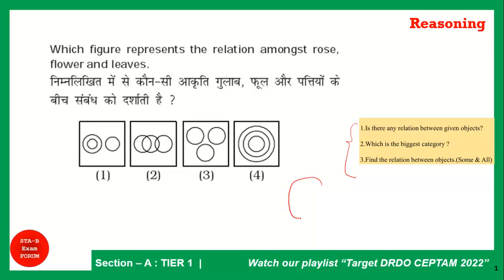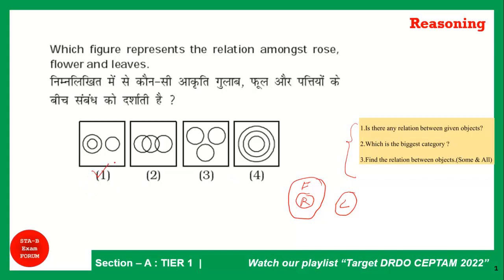So I draw this circle for the flower. Leaves cannot be flowers, and leaves cannot be rose. So this circle represents leaves. And all roses are flowers. So option 1 is the correct answer.